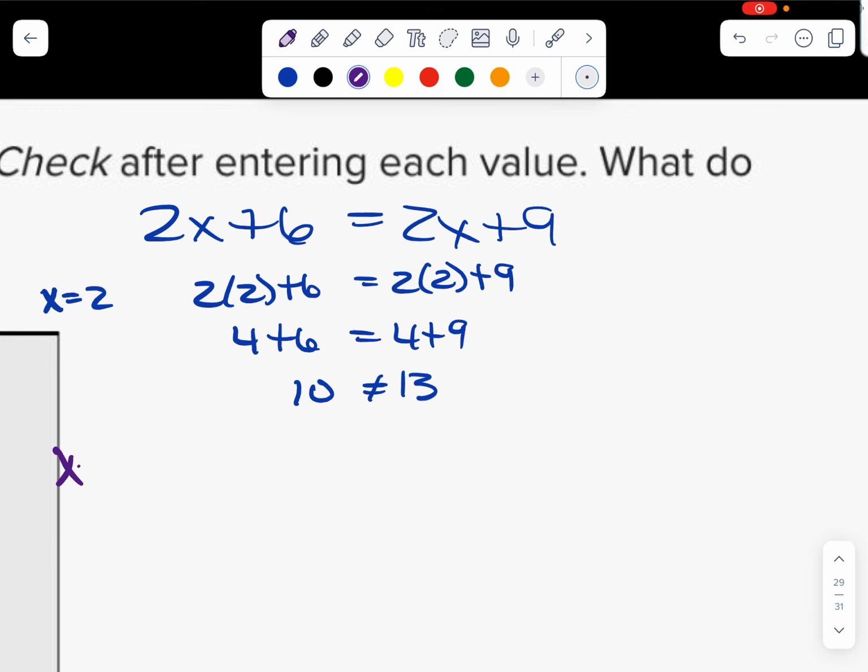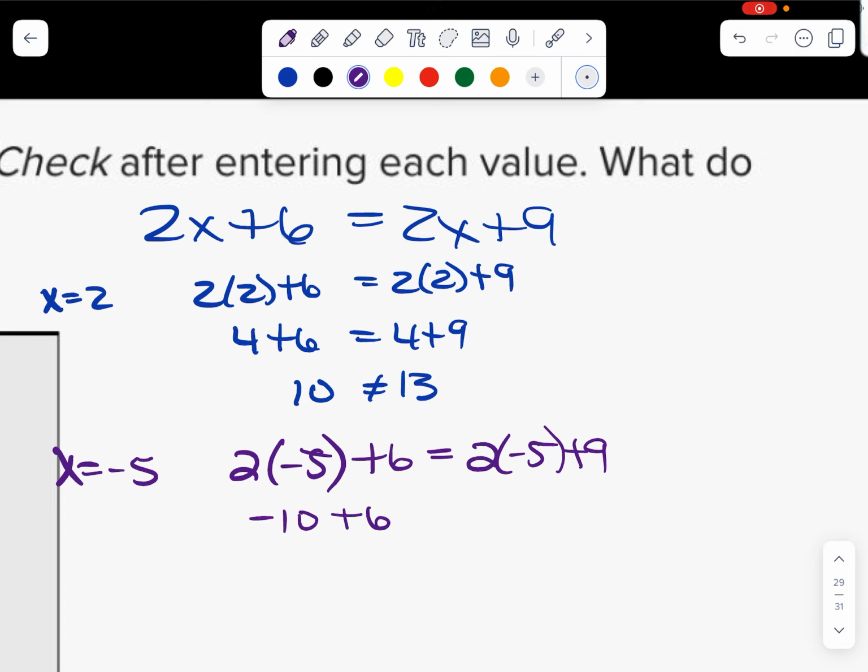Let's pick x equals negative 5. 2 times negative 5 plus 6 equals 2 times negative 5 plus 9. Negative 10 plus 6, negative 10 plus 9. Negative 4 does not equal negative 1. They don't equal, so that's not a solution.